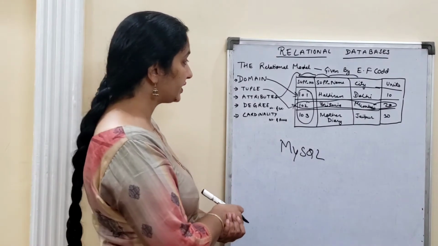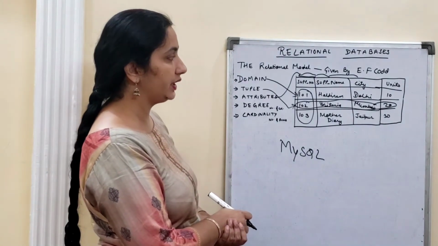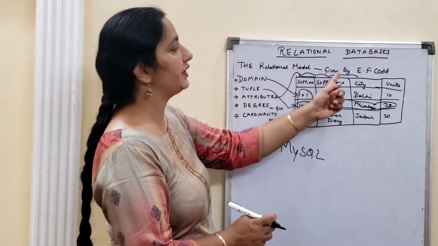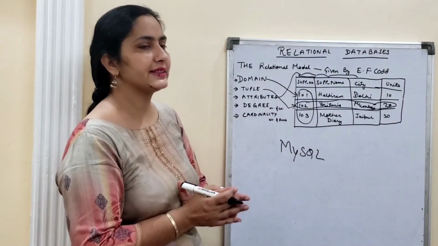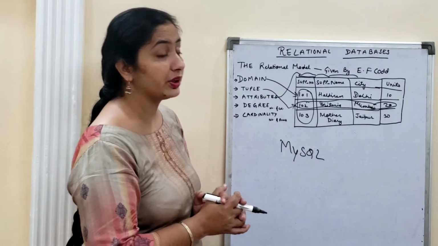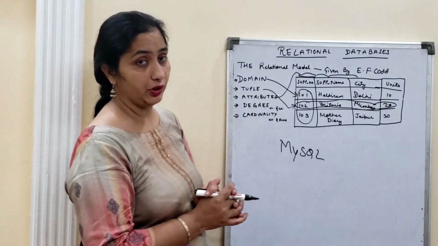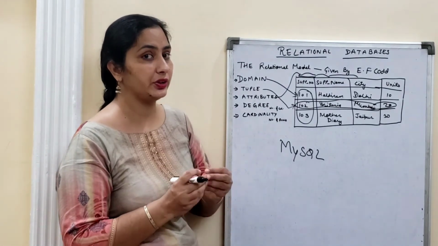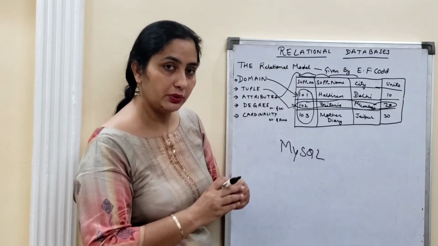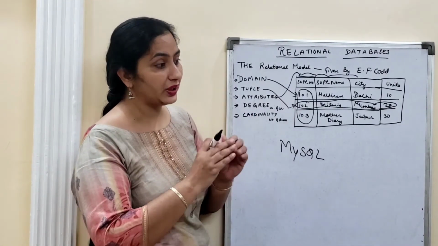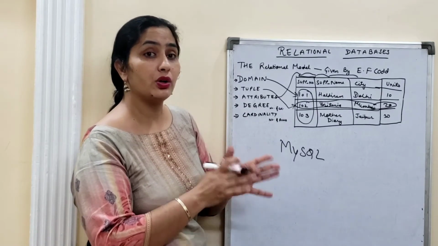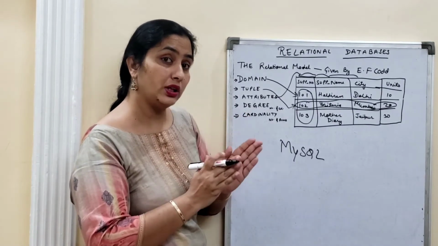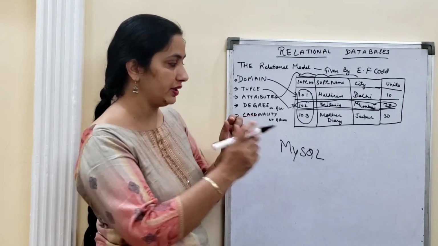Okay. Now let's start with the relational model again. This is the model given by E.F. Codd. E.F. Codd is the person who made certain rules, and even if he is not here to enforce them, one has to follow them. Like when you are making a list for your class, you write roll numbers. You all know that whatever numbers you write will be considered roll numbers.